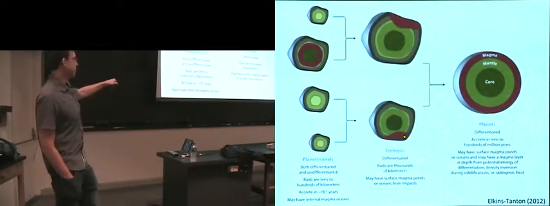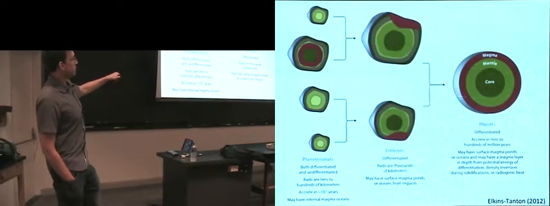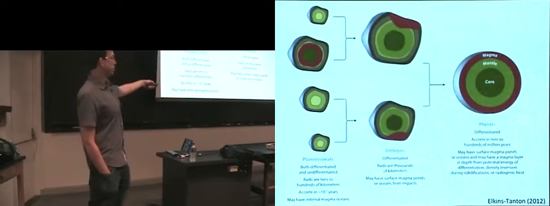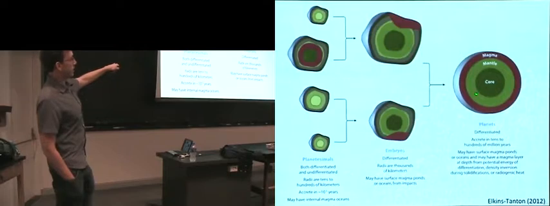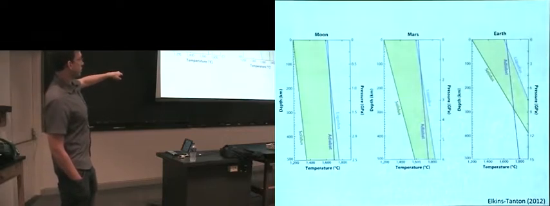You might have these magma ponds. But by the time you make something planetary scale or even the size of the moon, you're more or less guaranteed to melt the outer portion of an object, possibly all the way down to the core. How this crystallization happens is what we're going to try and understand.